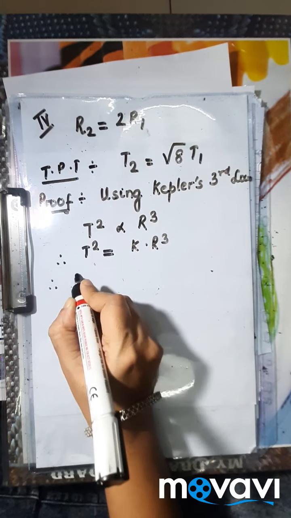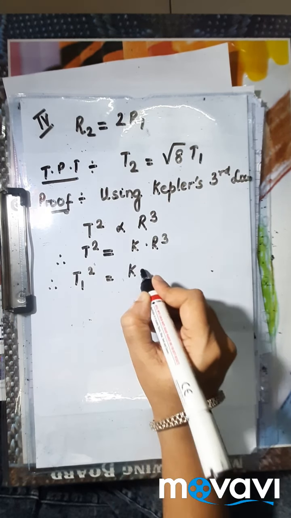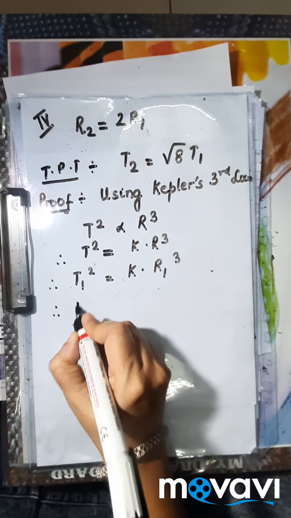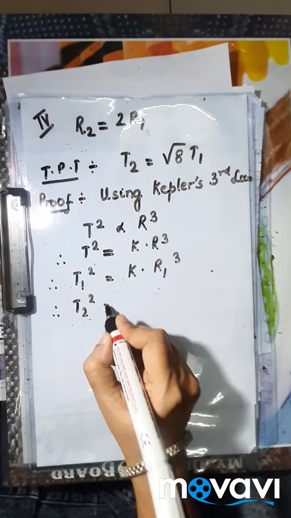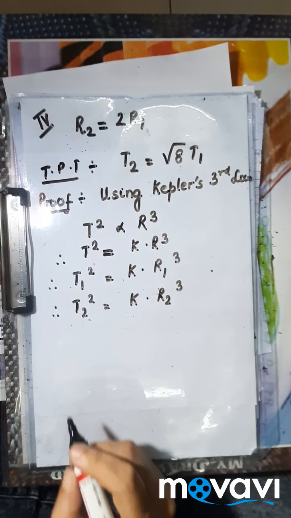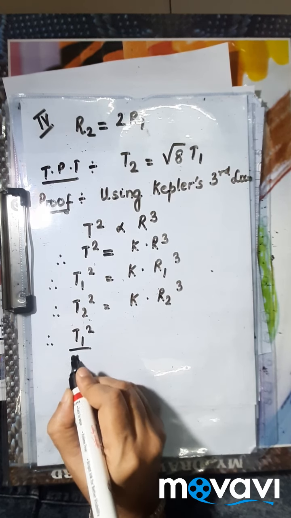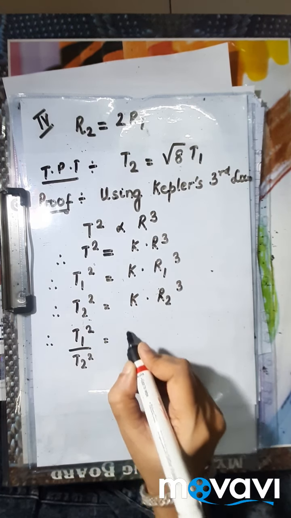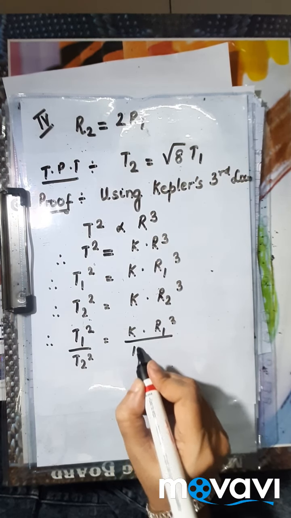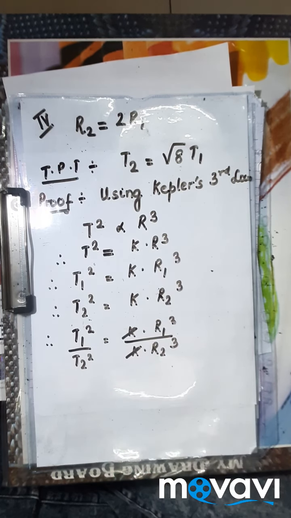Now if I say t1 square is k into r1 cube and t2 square is equal to k into r2 cubed. Therefore, very easy, t1 square upon t2 square is equal to k multiplied by r1 cube upon k into r2 cubed. Now I'll cancel this k and k, right?